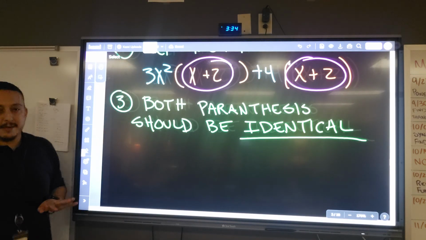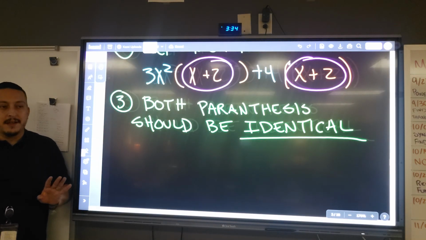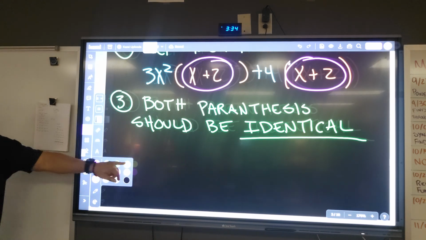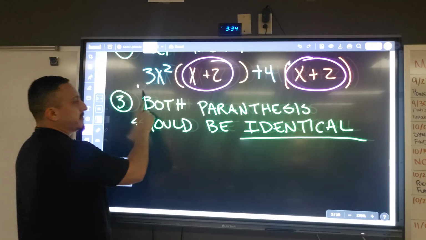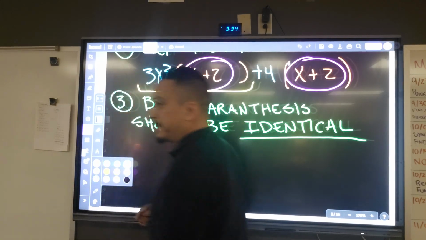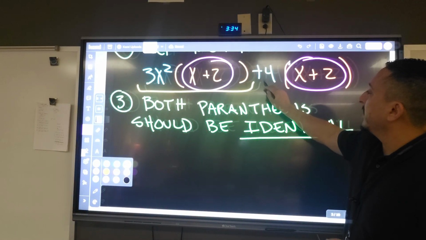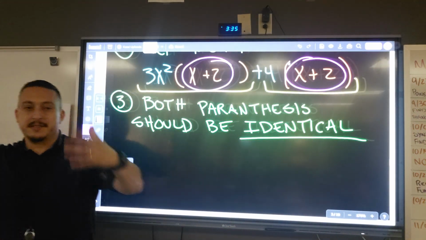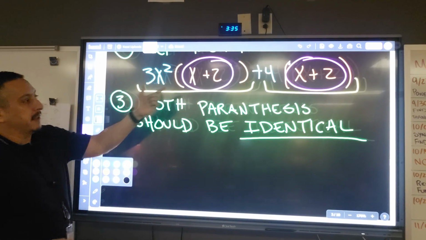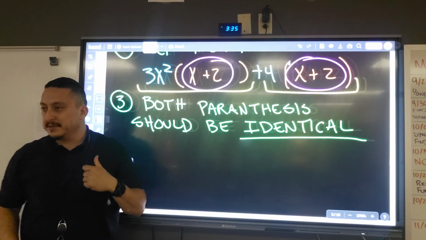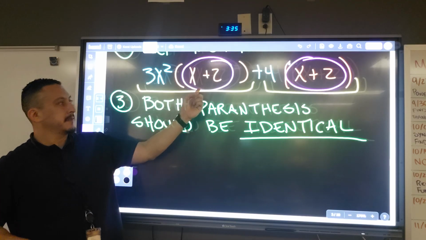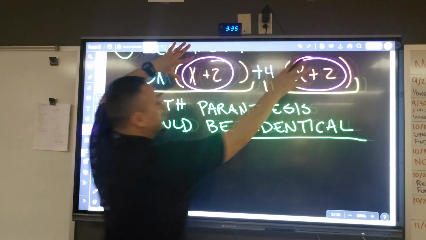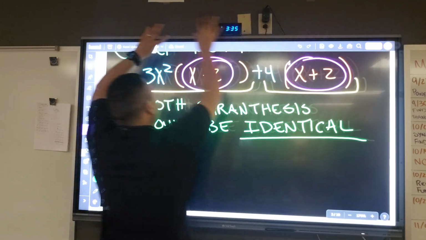Everybody good up to that point? This next part is usually where students kind of get lost, so I need you to watch up here real quick. This is like a giant term, it's one term now, and that's one term. So think of that as two terms, this big term and this big term. They both have something in common. I circled it in purple. Because they have that in common, I can GCF what they have in common.